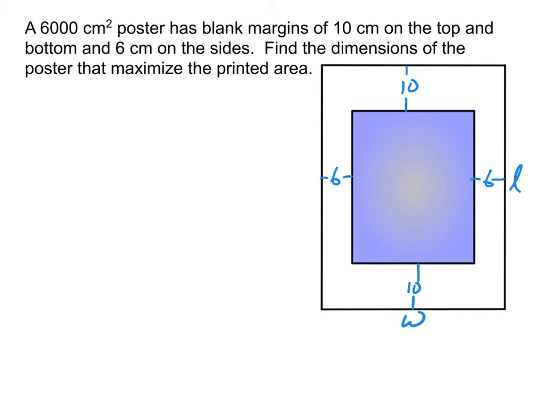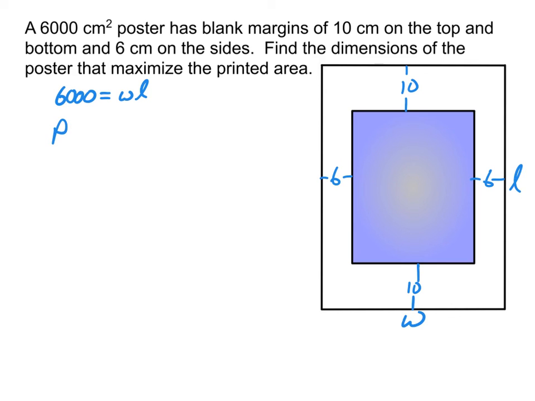And so to find the area then, I know that that's going to be 6,000. The area is just width times length. So this part's fairly straightforward. But then, the other one, we want the dimensions of the poster that will maximize the printed area. So that's the printed area now.